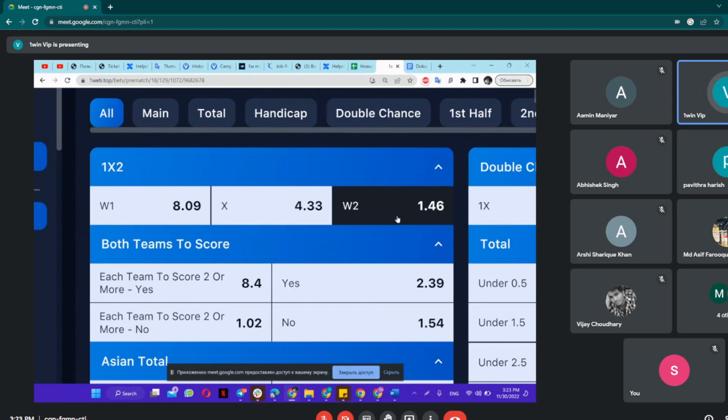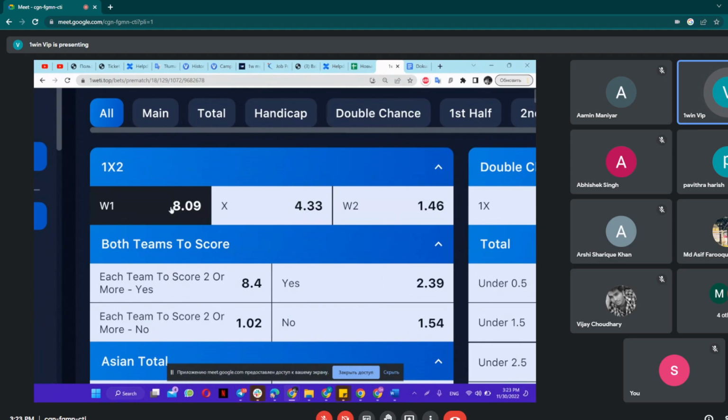You could think that there could be one more result, for example, match cancellation, but we're not betting on negative results. We are betting on positive results: winning, draw, winning. So here there is no refund, 1x2.